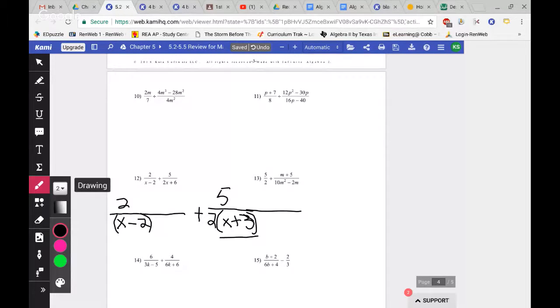Whatever I do to the top, I have to do to the bottom and vice versa. So I'm going to have to multiply the top and the bottom by 2 times x plus 3. Because this is what's going to make both of the denominators the same, because that's what we're trying to get as a common denominator.